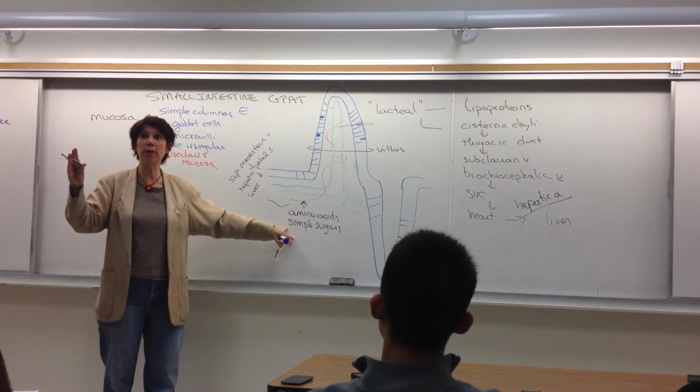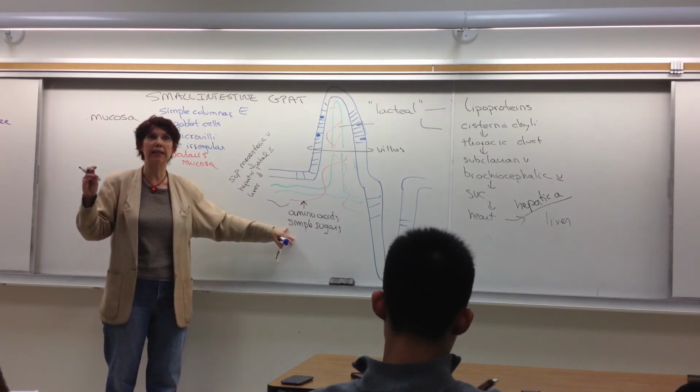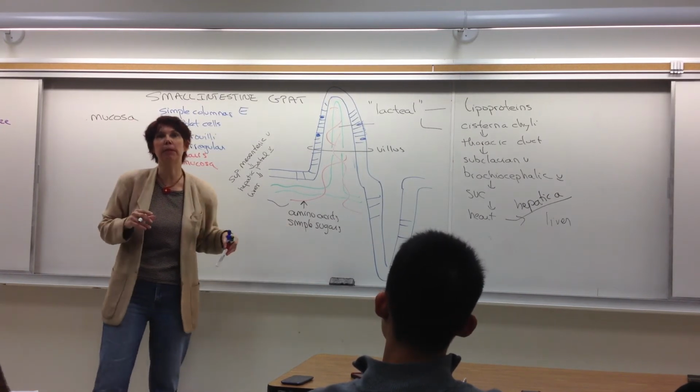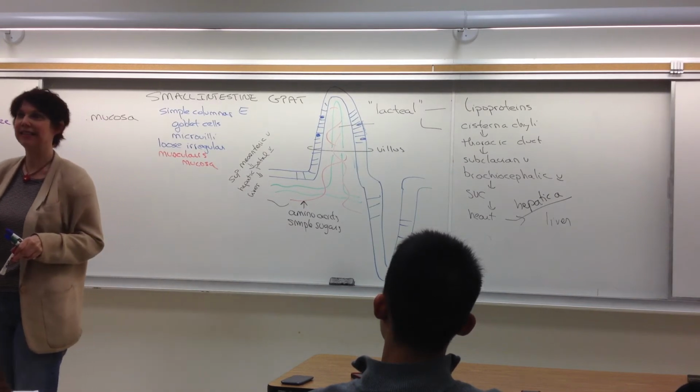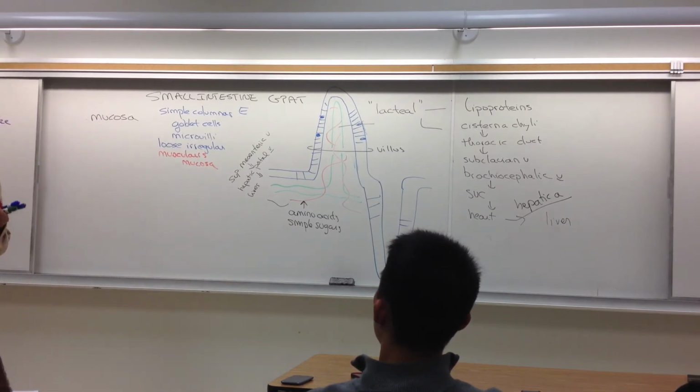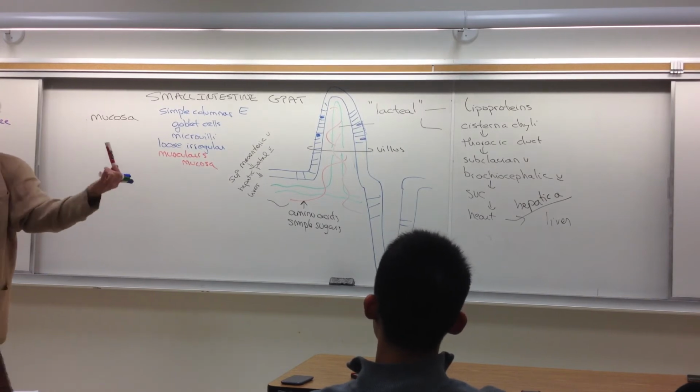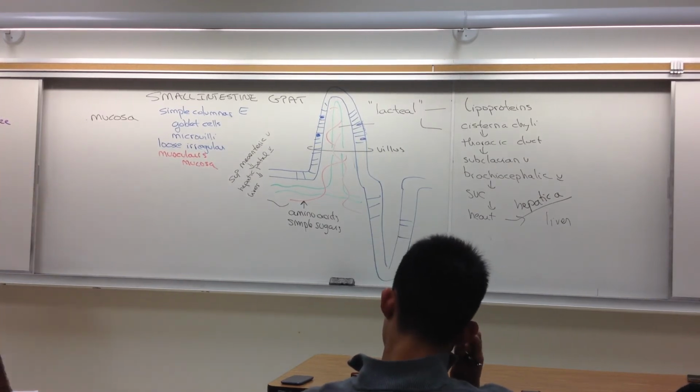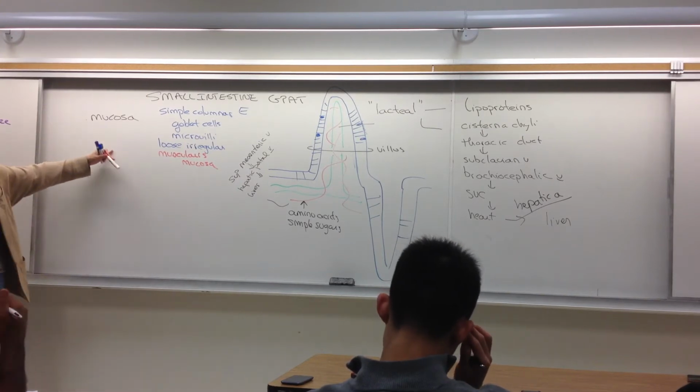It takes both those vessels to carry what fetal vessel? What fetal vessel accomplishes the role of both of these? What's carrying oxygen and nutrients from the fetus to the liver? Umbilical vein. Okay? So this is our replacement for the role of the umbilical vein to get those nutrients to the liver. All right, so that's our mucosa.